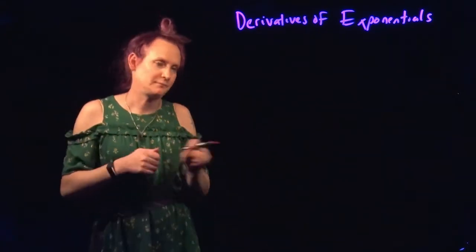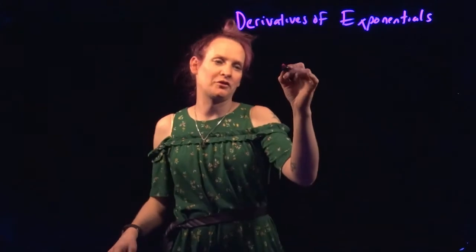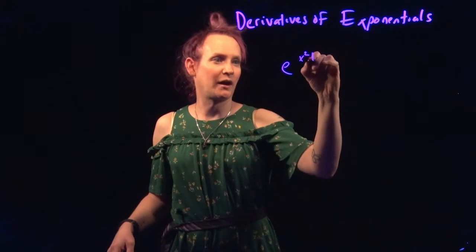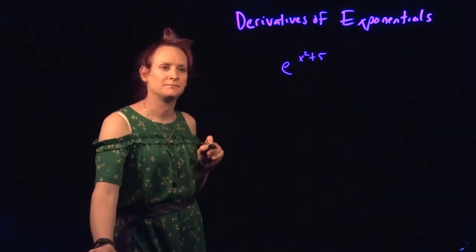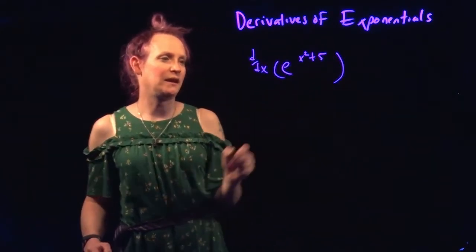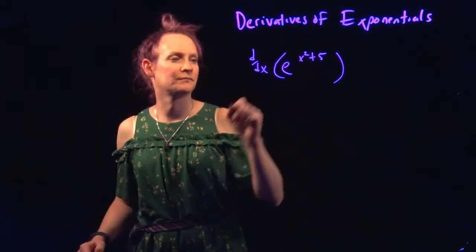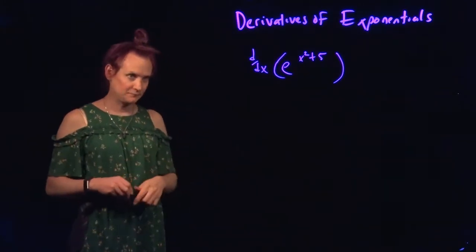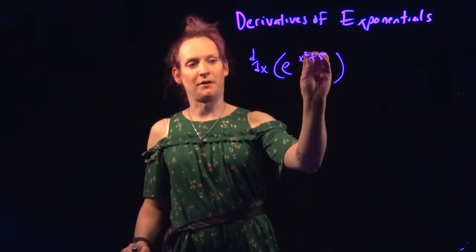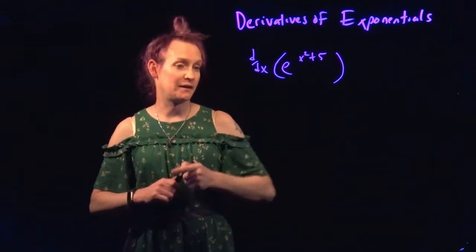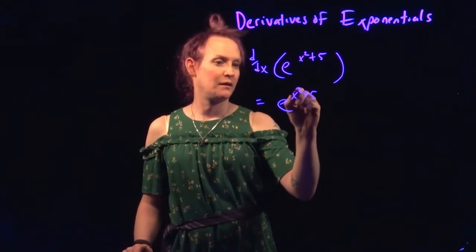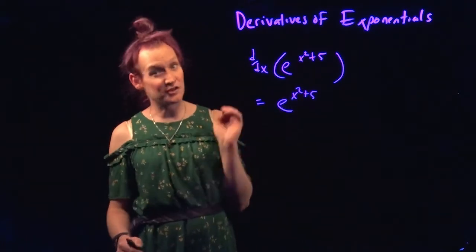Okay. So let's take the function e to the x squared plus 5, and I want to take d/dx of that. I recognize this is an exponential function and that I've got e to the something. The derivative of e to the is e to the. But I'm not done because this wasn't just plain x up there.